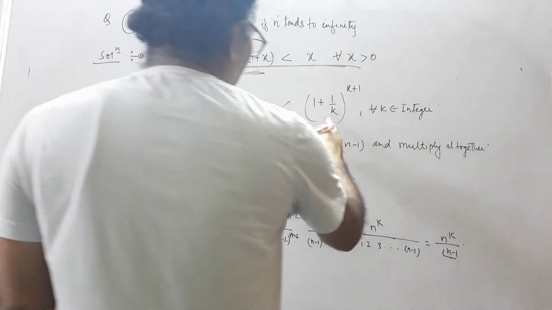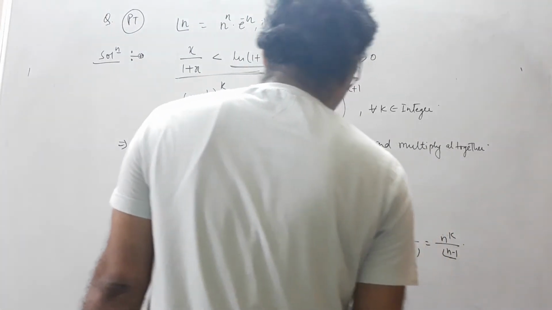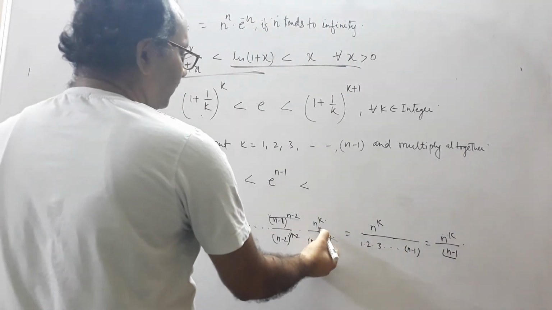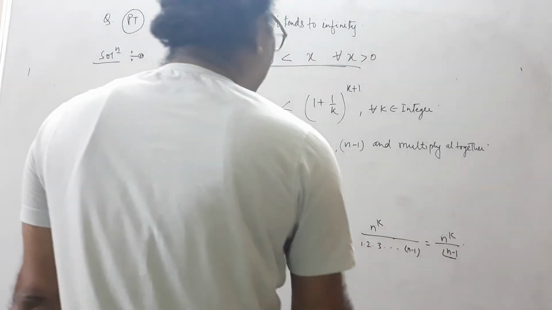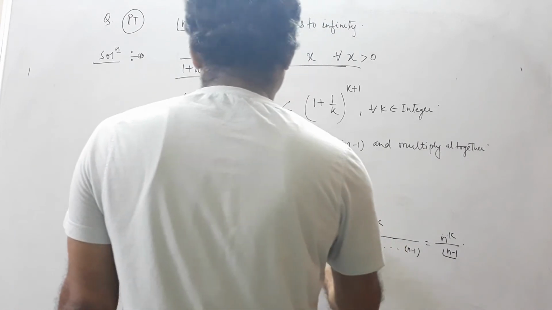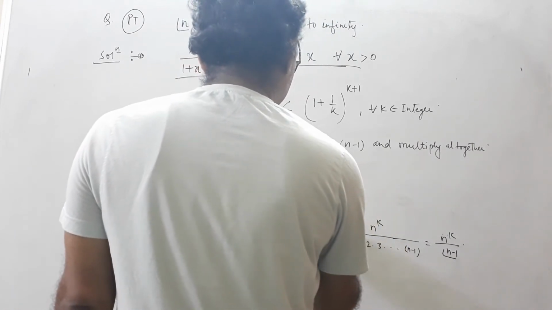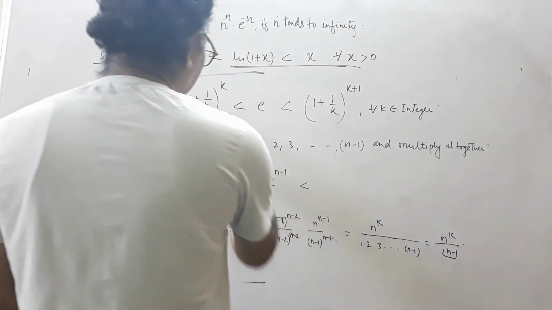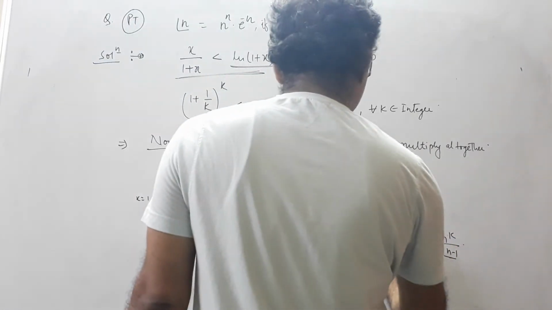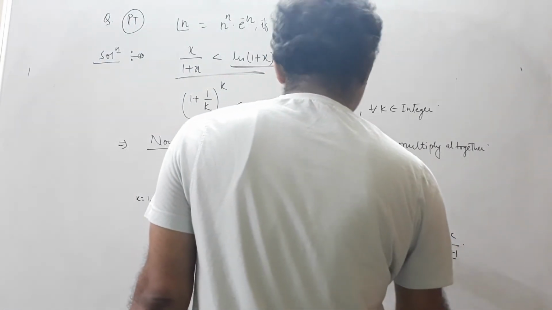Okay? In the denominator we shall have the nth term, n to the power n minus 1, k is equal to n minus 1. So here we have n to the power n minus 1.